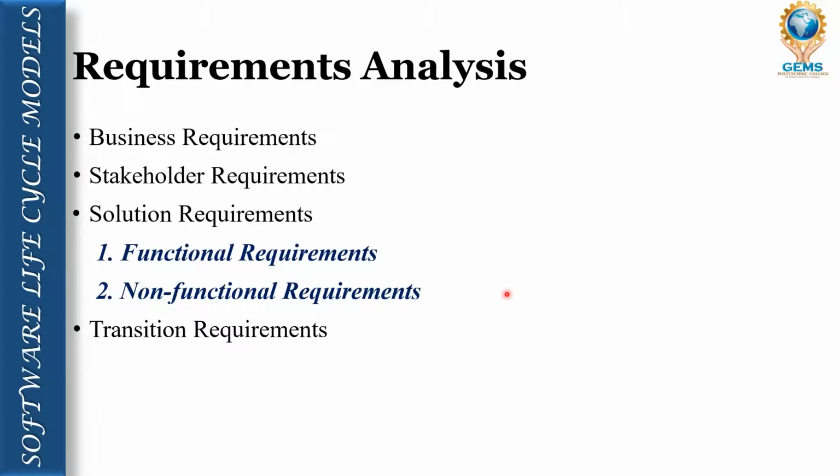Now, requirement analysis. First planning, then requirement. So once we have the planning, we have some idea about the requirement. Now based on the requirement, we are going to analyze it. So this can be done with the help of business requirements, stakeholder requirements, and solution requirements. Inside the solution requirements, we have two types: functional requirements and non-functional requirements, and also transition requirements.